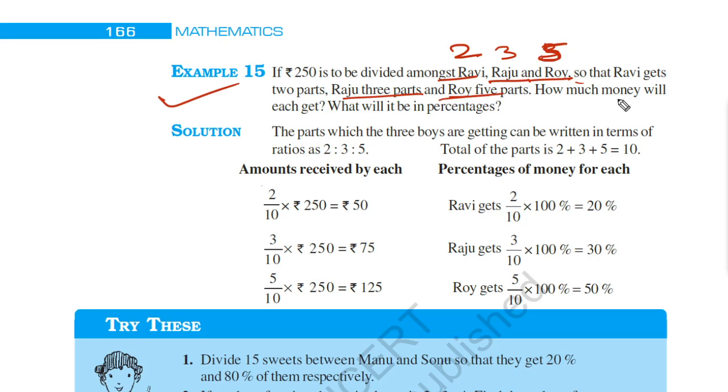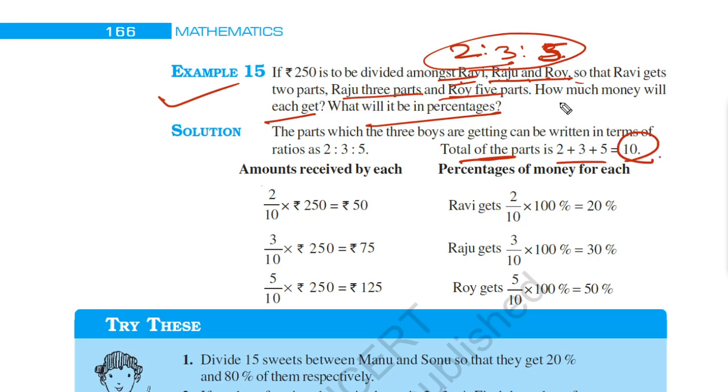So how much money will each get? And what will be the percentage? Now you can see the ratio of their money divided between Ravi, Raju and Roy will be 2:3:5. So how many parts are there? Total parts are 2 plus 3 plus 5, that is equal to 10.